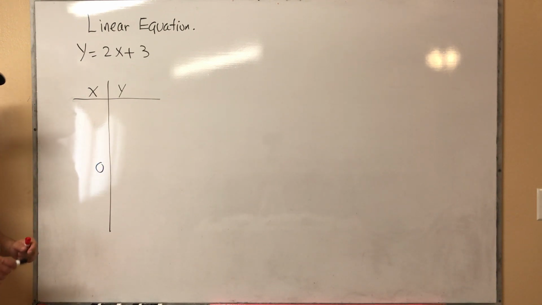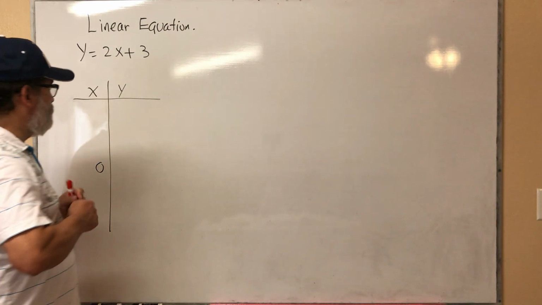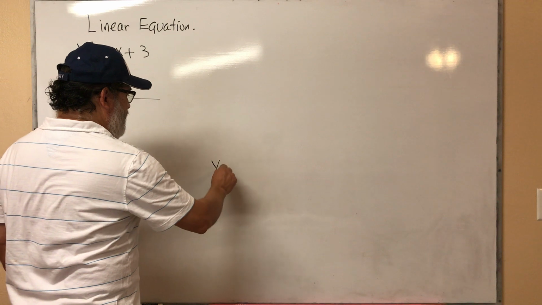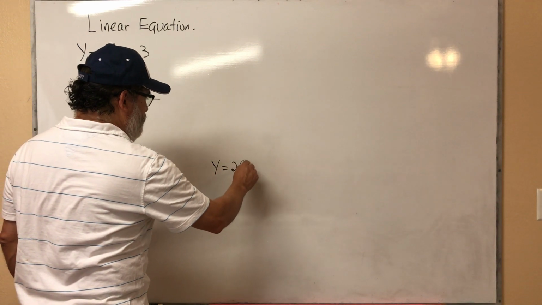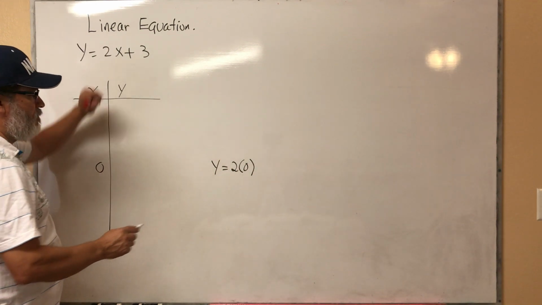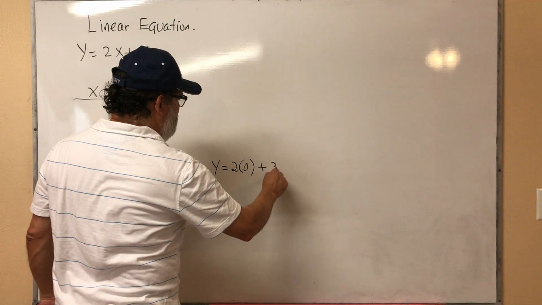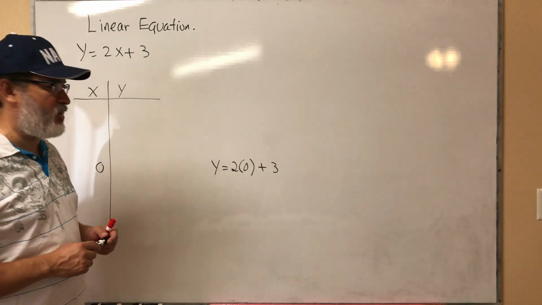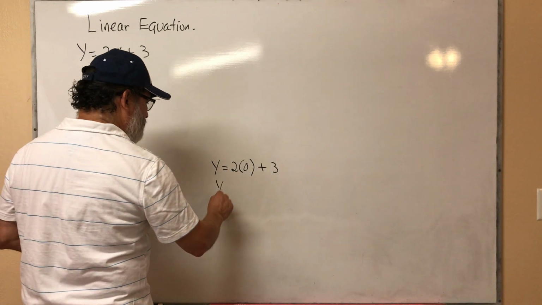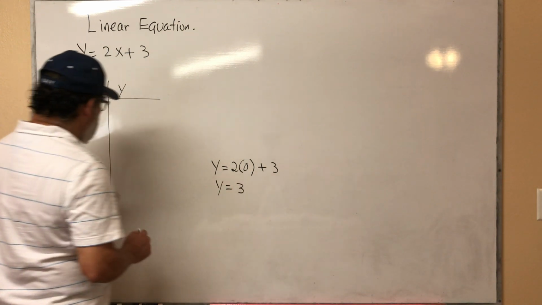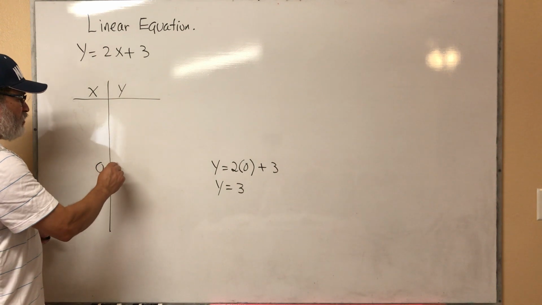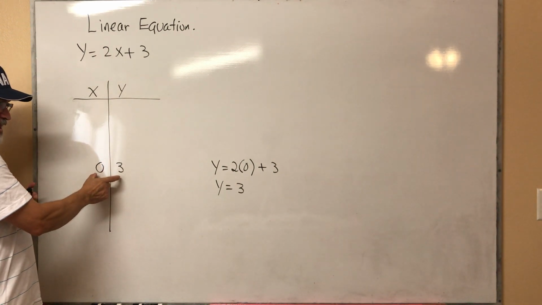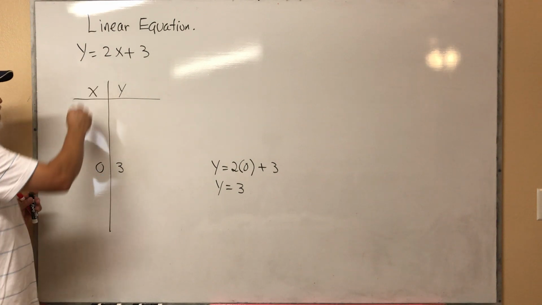So for x equals 0, y equals 2 times 0 plus 3. 2 times 0 is 0, and 0 plus 3 is 3, so y equals 3. So when x is 0, y is 3. And now this is a solution to the linear equation.